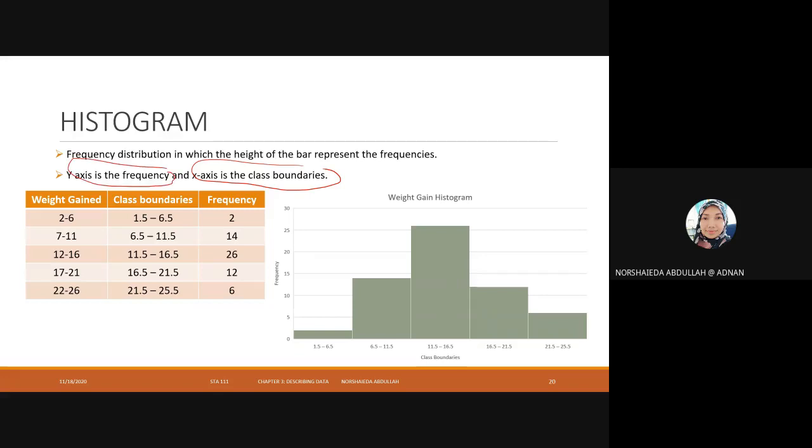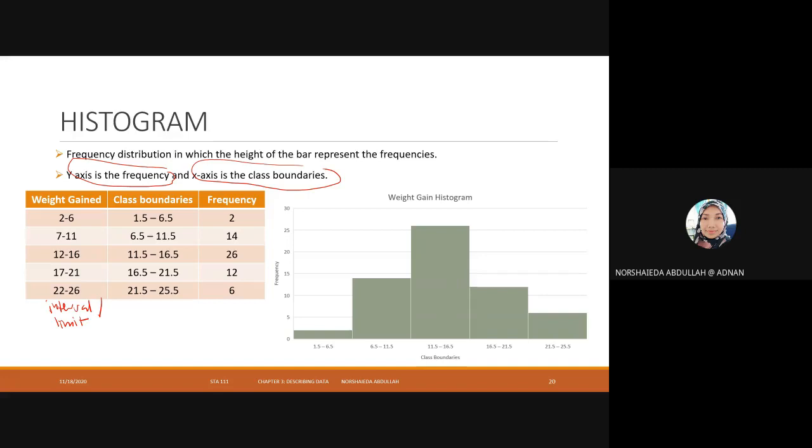So let's say we have data, the weight gain. This is the class interval, and this is the boundaries. There is a difference between interval and boundaries. This is the class interval, or class limit.